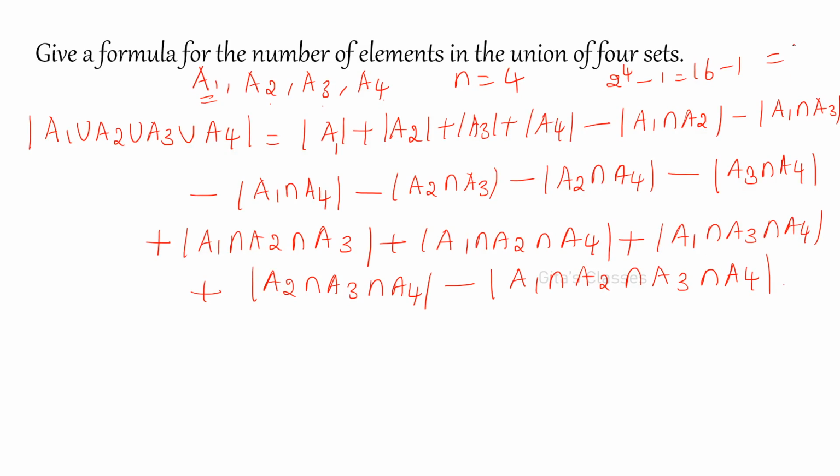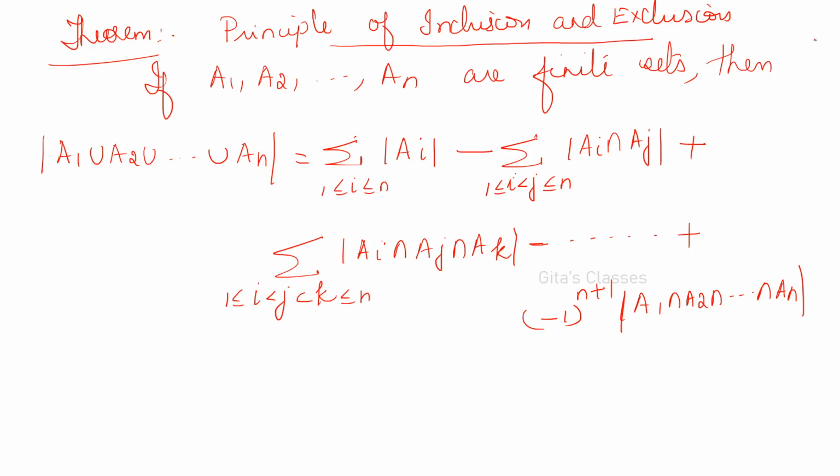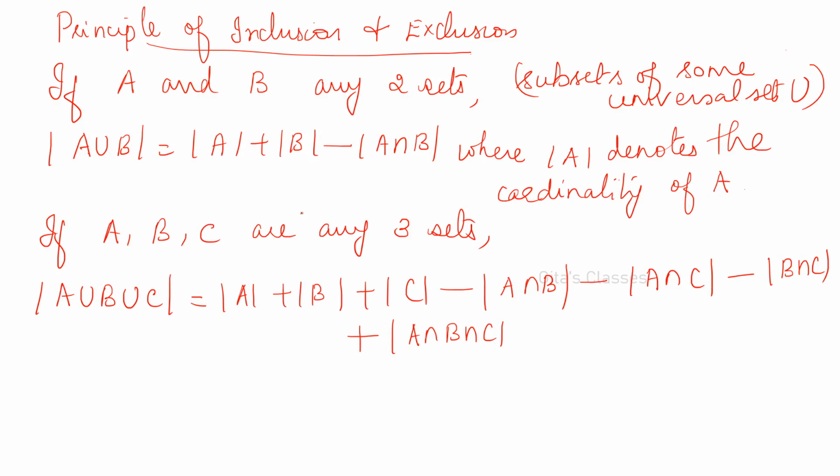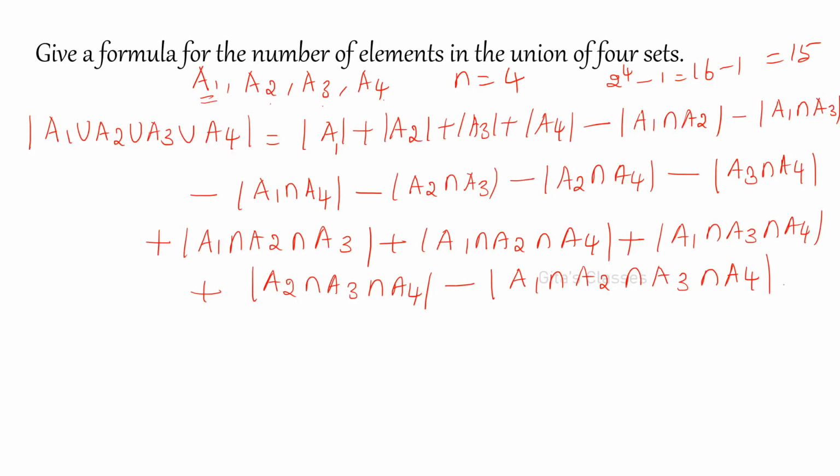So 15 elements are there, so I have covered all the elements. Similarly for 3 sets, n is equal to 3, so 2 power 3 minus 1, that is 8 minus 1, 7 elements should be there. 1, 2, 3, 4, 5, 6, 7. Understood? So you can check in that way whether you have covered all the elements or not.